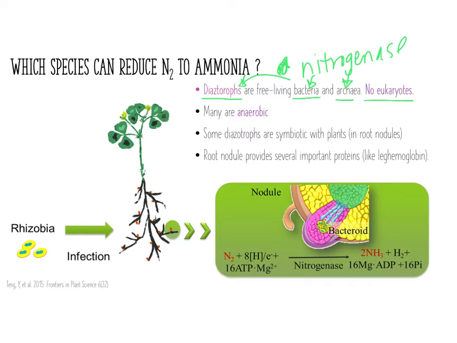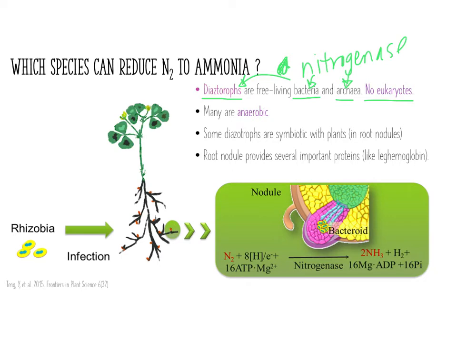So plants don't have one, humans don't have one, your dog doesn't have one, your cat doesn't have one, hamsters, whatever, you name it. Eukaryote-wise, there are no eukaryotes on this planet able to do the reaction of taking N2 to NH3. But some really cool bacteria and some really cool archaea can do it, and those bacteria and archaea that can do it are called diazotrophs.